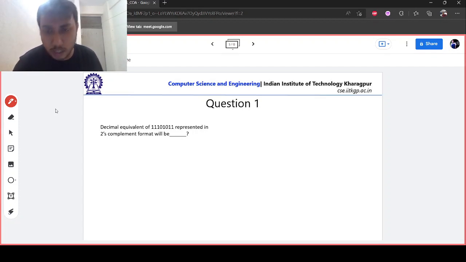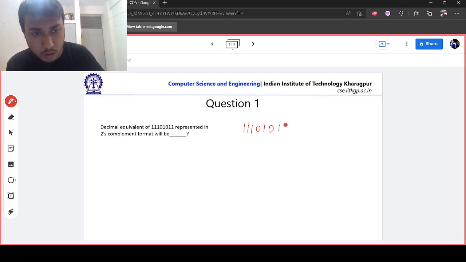So you see this is a 2's complement number, and one of the properties is that the first digit is a 1. So if you notice, this first digit is 1, so that means this is a negative number.